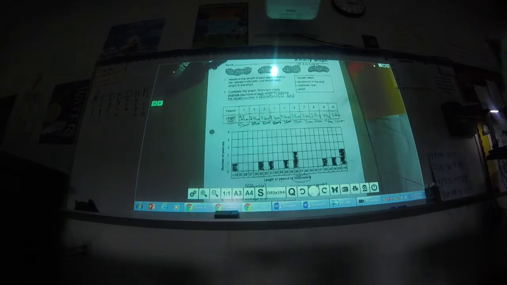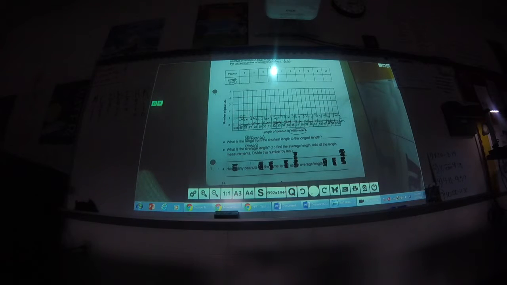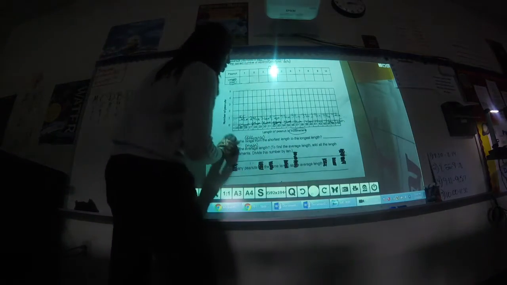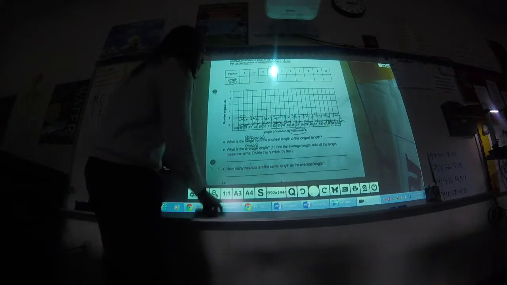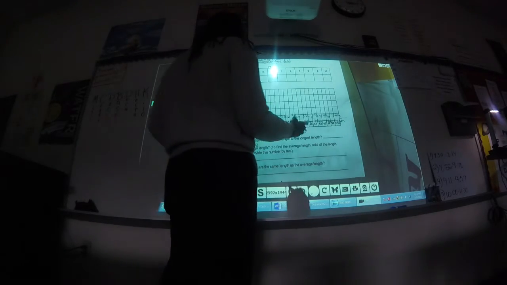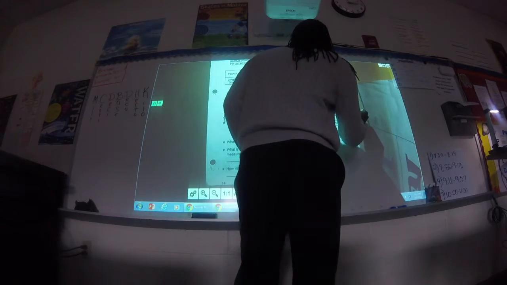Yes, ma'am, what did you have? We're gonna go over here, we'll pull out our calculator. So, the next part says, what is the average, the difference, or the range, from the shortest to the longest. All right, so we would take our biggest one, which would be what, 5.5, good job, minus what?